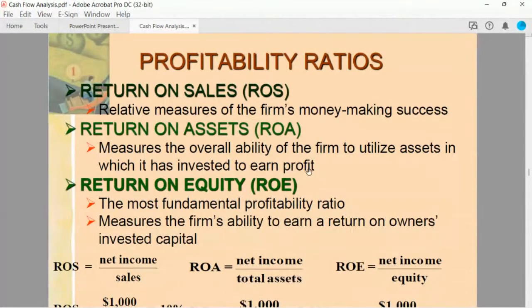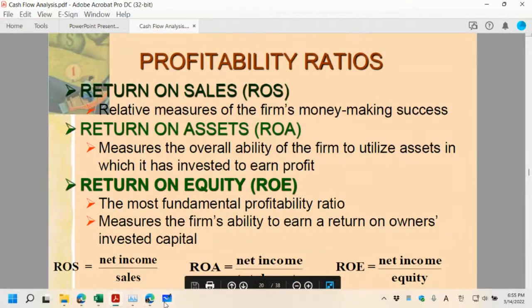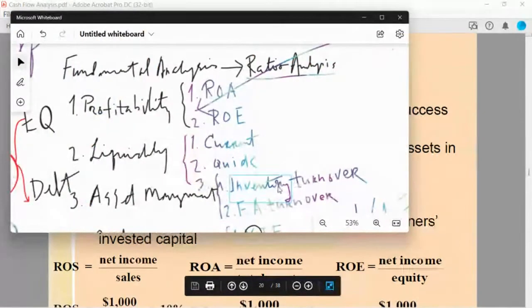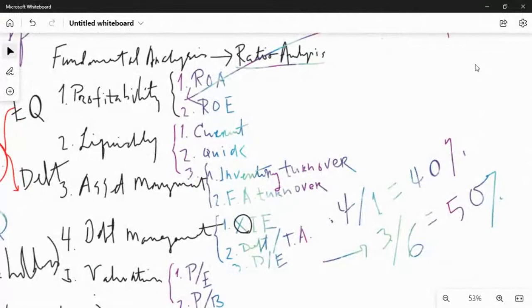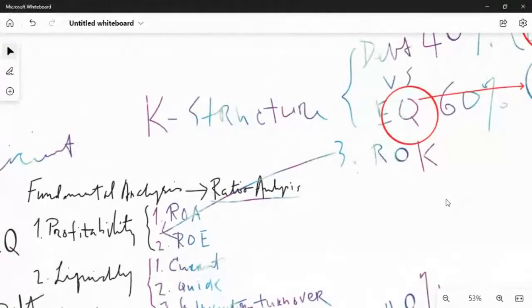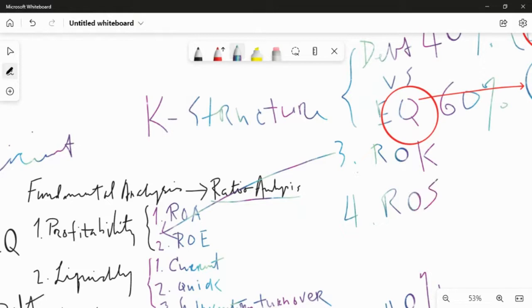Also, there was one thing I left out. The fourth one is return on sale. That's also a profitability ratio. Of course, return on sale is obvious. When we say return, basically we use profit.